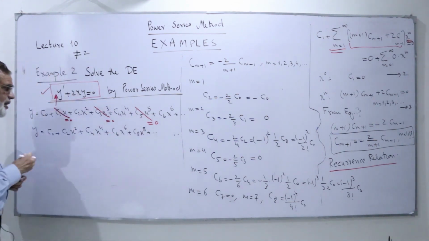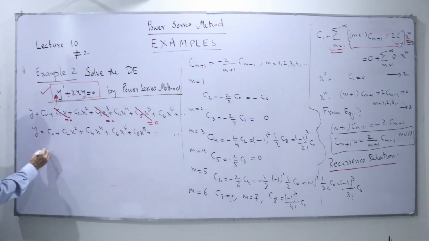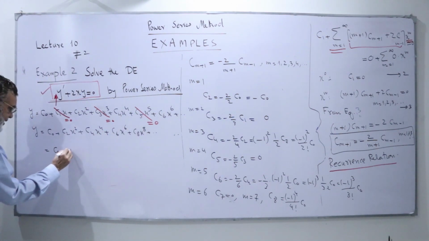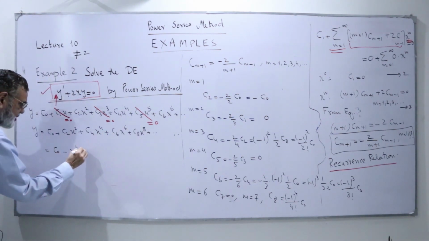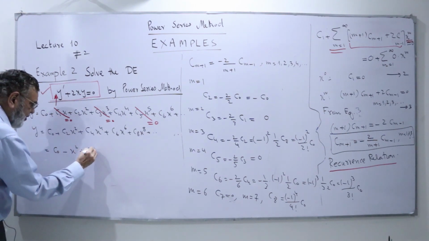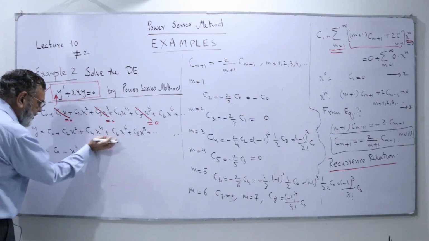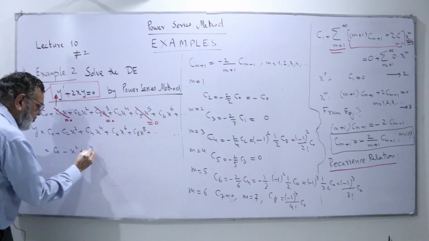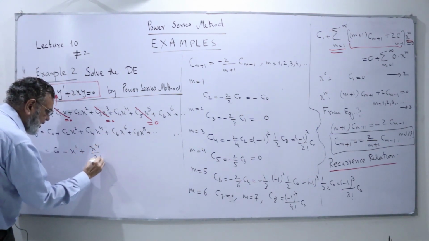Our terms are gone. So we substitute the value. So my y is equal to C0 minus C0 x squared plus, minus 1 to power 2 will become positive, C0 x to power 4 over 2 factorial.